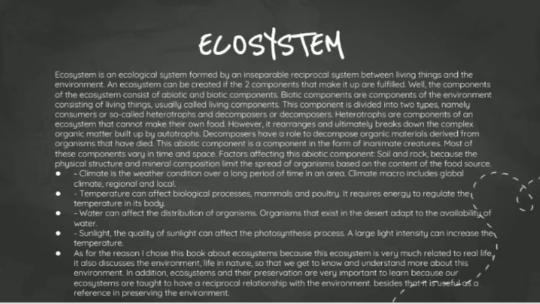The abiotic component is a component in the form of inanimate things. Most of these components vary in time and space. Factors affecting these abiotic components include soil and rock, because the physical structure and mineral composition limit the spread of organisms based on the content of the food source.